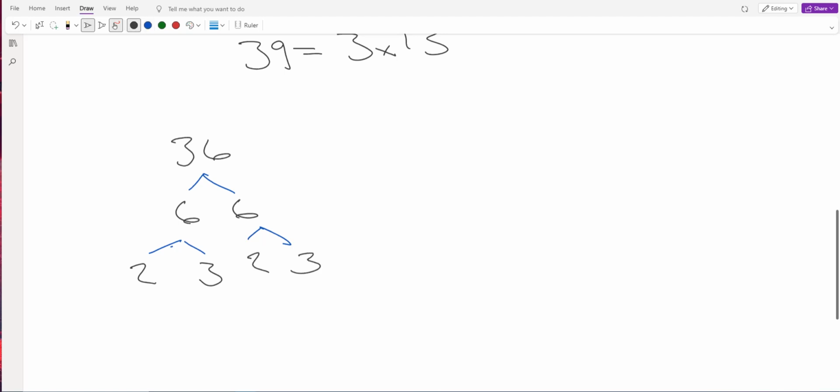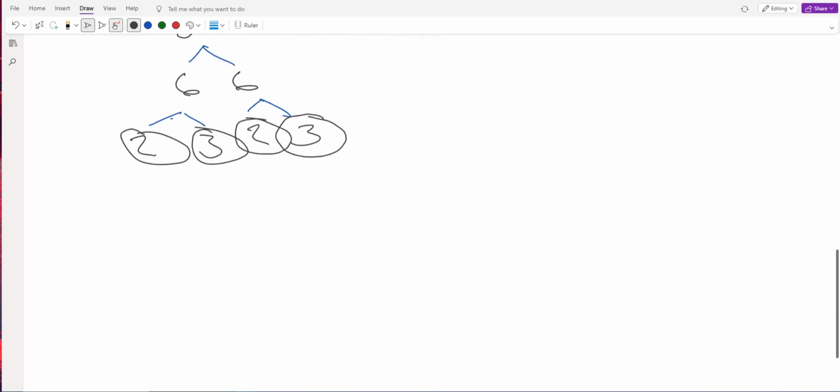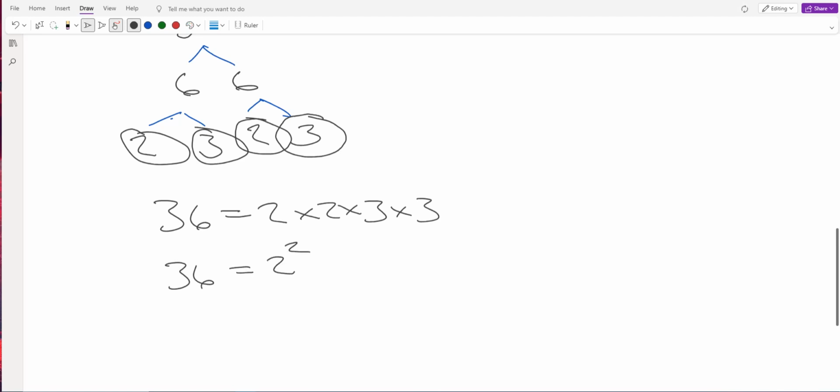So we would grab all the numbers at the end of the branches. So 2, 3, 2, 3, all of these right here. So we know that 36 is equal to 2 times 2 times 3 times 3. And when you have multiples, we're just going to make these into exponents. So 36 is equal to 2 squared times 3 squared.